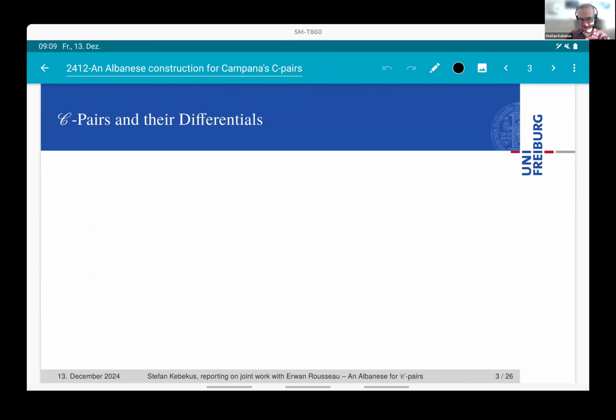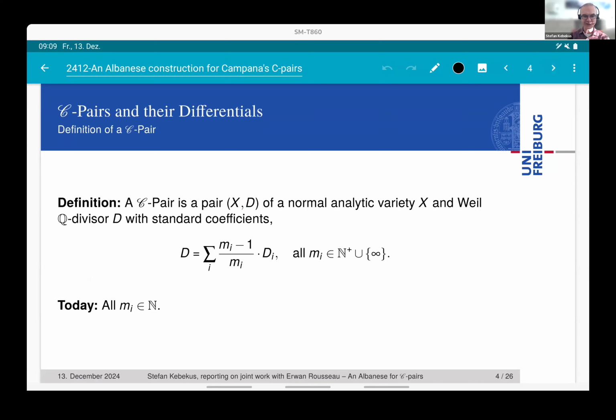Right, so C-pairs and their differentials. I already introduced a few words here. A C-pair is a pair of a normal analytic variety that is welcome to have rather nasty singularities. So definitely we don't want to restrict ourselves to Kawamata log terminal or log canonical or anything. There's reasons to allow arbitrary singularities here. We have a divisor here that has standard coefficients. I already introduced them.